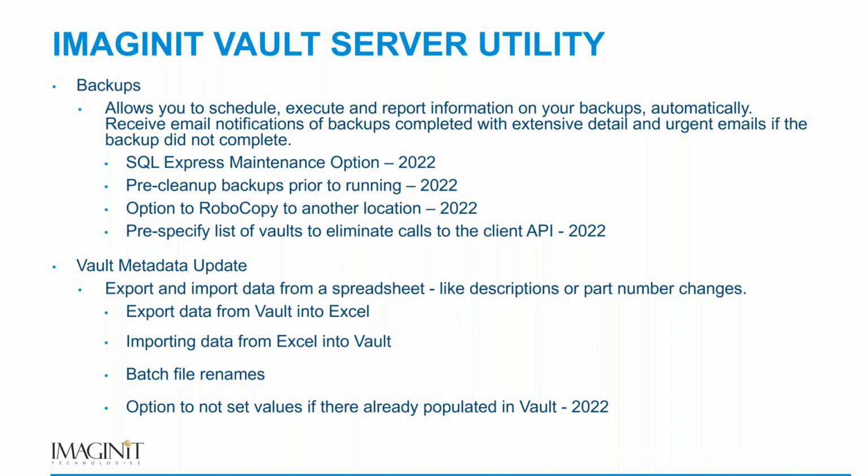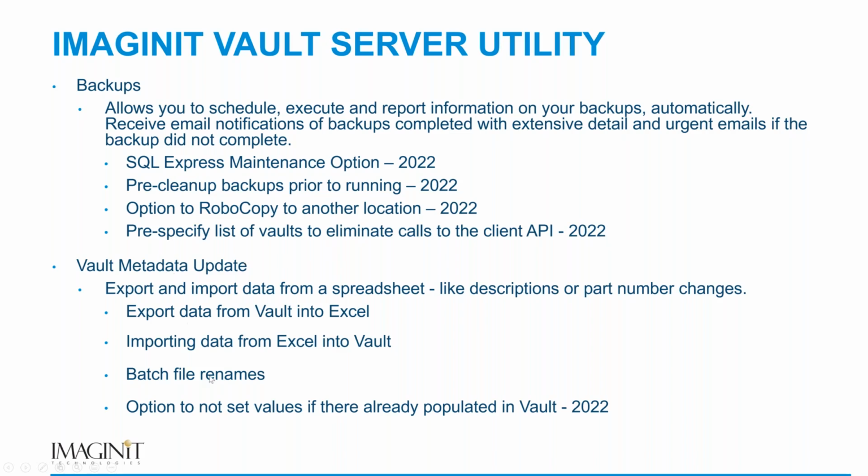So now if we pre-specify the vaults that we are going to run the job on, we don't need to use or tie up a license of the vault client. Some customers may not want to put the vault client onto the server, and this would help in that regard, where we manually type in the vaults that we have instead of having it use the vault client license.